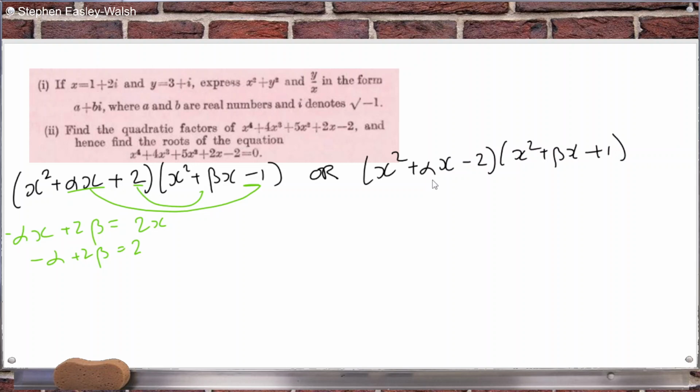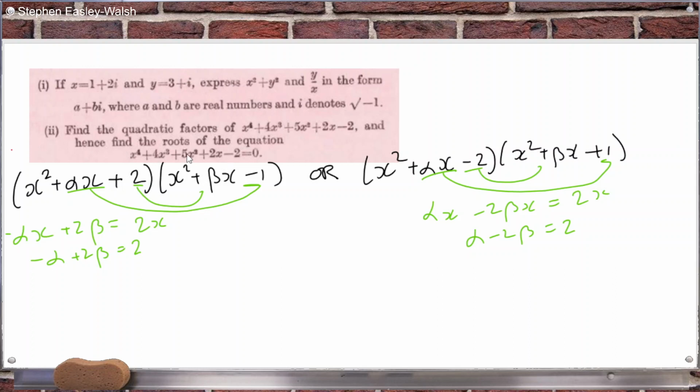Or here, alpha x times 1, that's alpha x, minus 2 beta x, that's equal to, again, 2x. So alpha minus 2 beta equals 2. Now we need to make another equation. I'll do that in red.